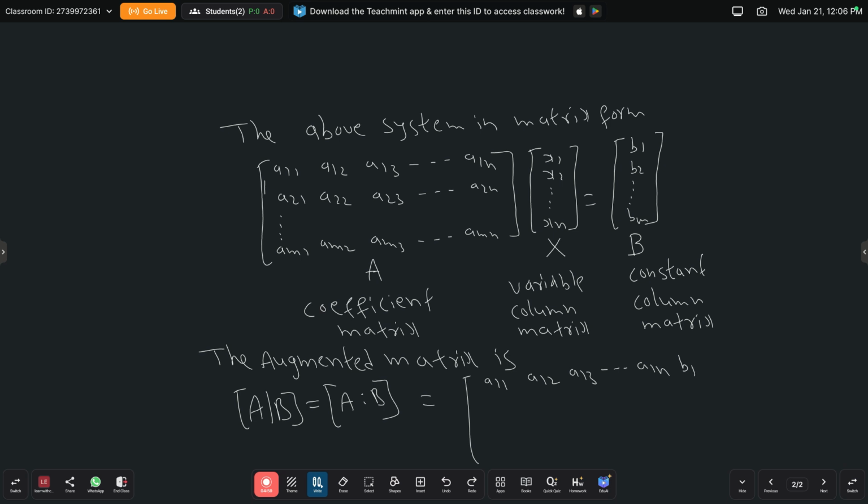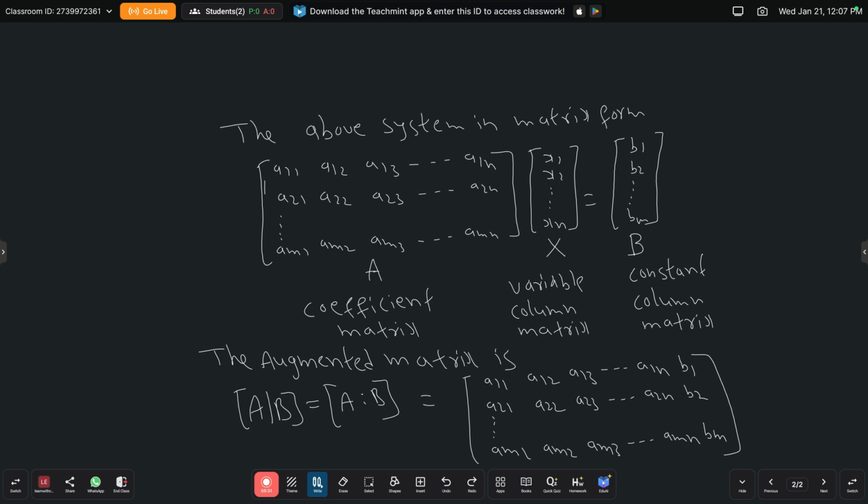As a last column we have to add the constant column matrix: a21, a22, a23 and so on a2n, b2, and so on, am1, am2, am3, and so on amn, bm. So this matrix is called the augmented matrix.